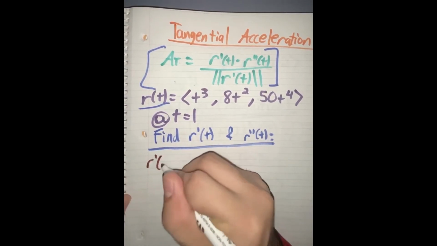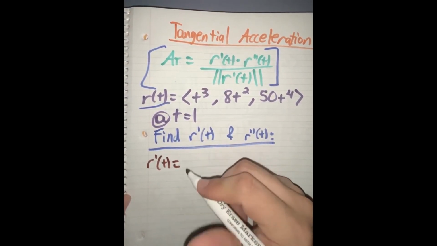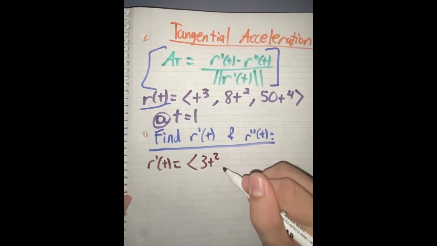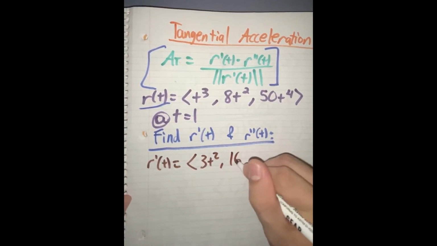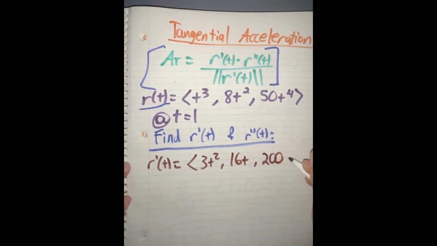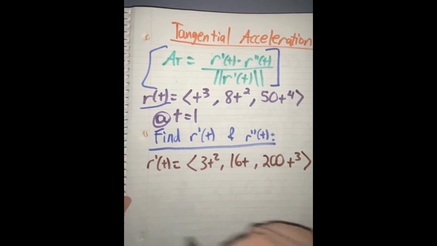So without further ado, r prime of t is equal to 3t squared, 16t, 200t cubed. That's r prime of t.